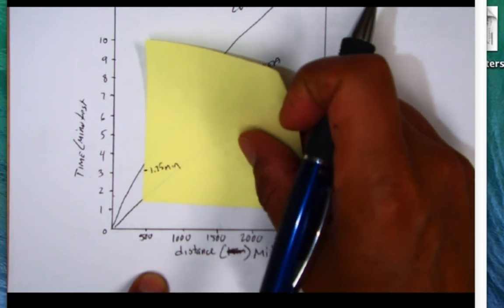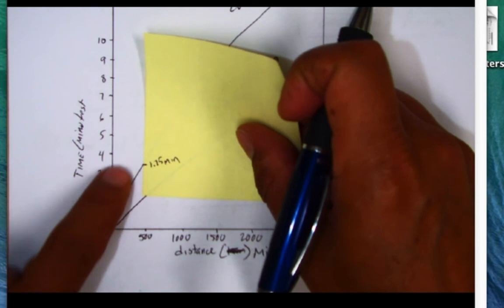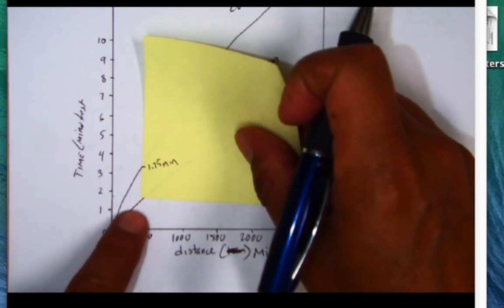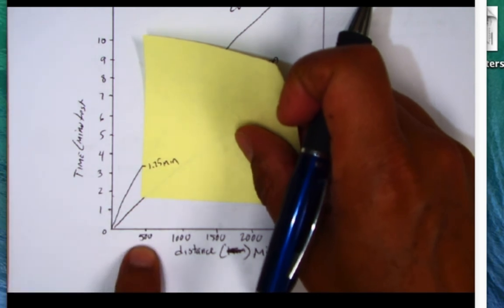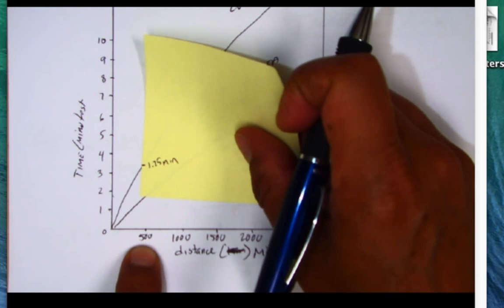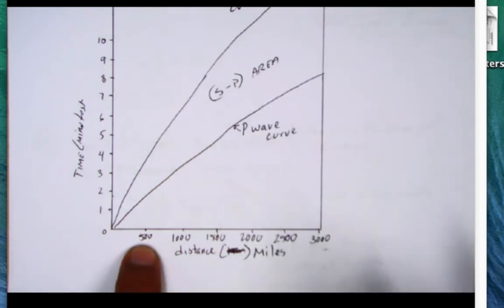And when I move up here, I see that it fits right about in there. So the 1.25 is touching the S curve, and my corner here is right on the P curve. And so if I drop that down, that's about 500 miles. So the epicenter is 500 miles away from this particular station.